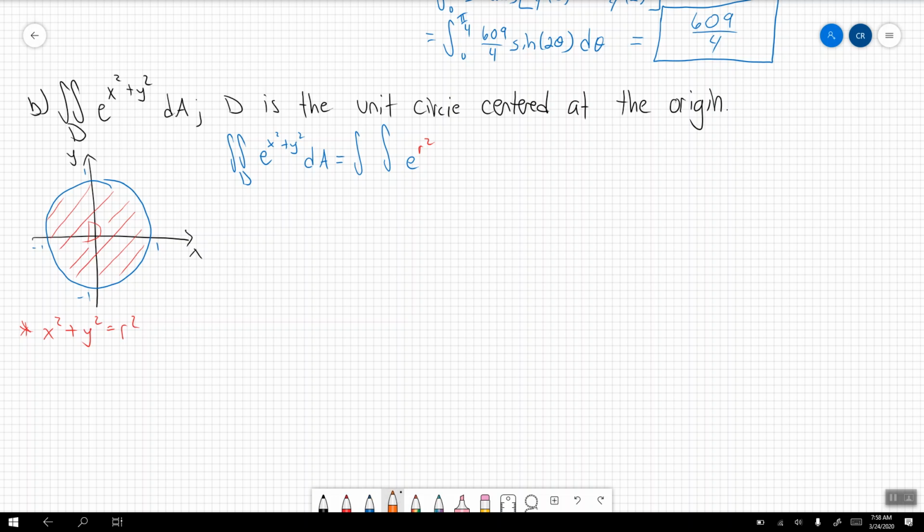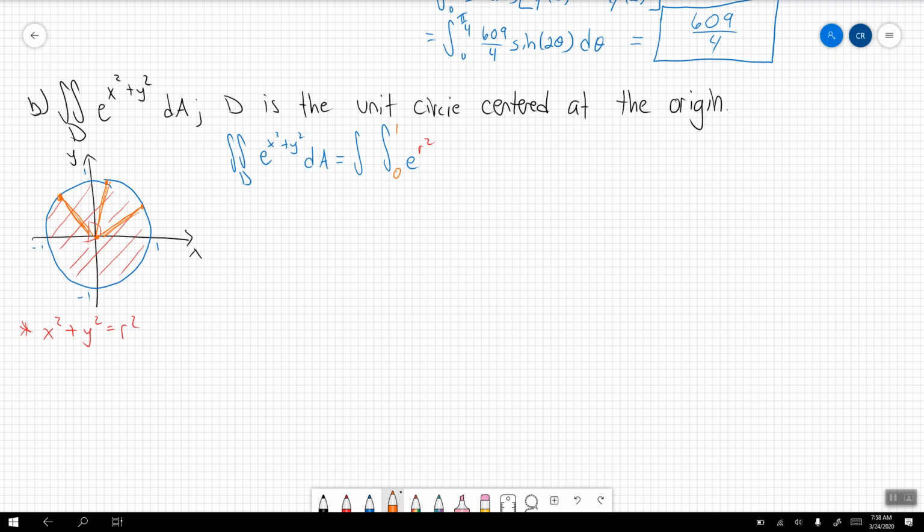So the radii that we're sweeping through, the radii is always measured from the origin to that outer radius. All right, so as we're sweeping through this, look at all these radii that I'm drawing here. All of these radii go from 0 all the way out to this maximum radius of 1.